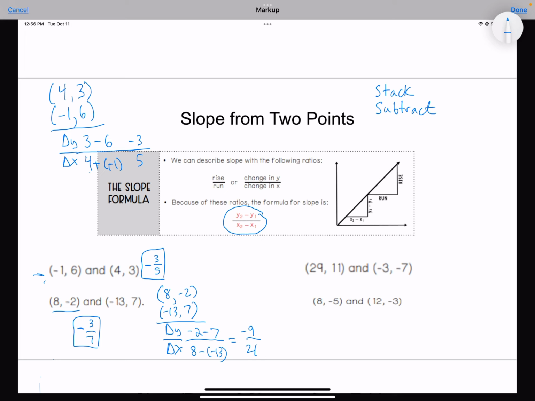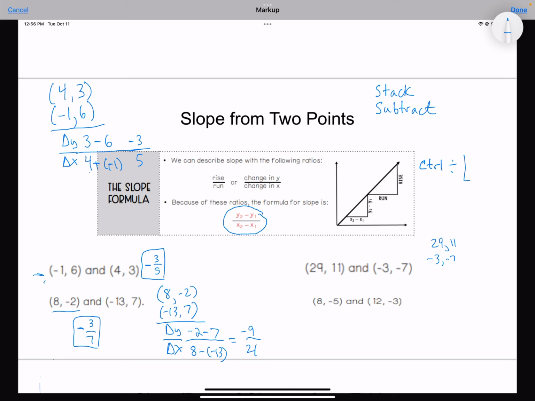If you have access to the Inspire, this is a trick that we discovered today. You're going to do control divide. And if you remember, that brings up the division bar. So I still need you to stack your points just so that you remember what you're subtracting.